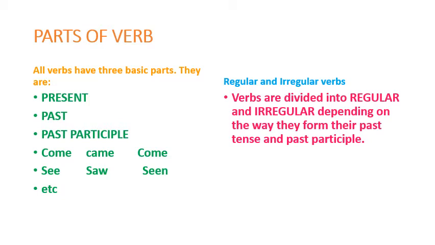In past we have came, and in past participle form we have come. Next we have see, sow, sing. Regular and irregular verbs. Verbs are divided into regular and irregular depending on the way they form their past tense and past participle.